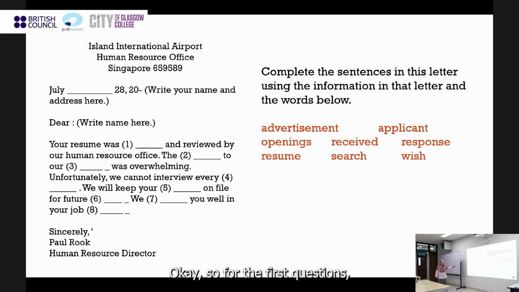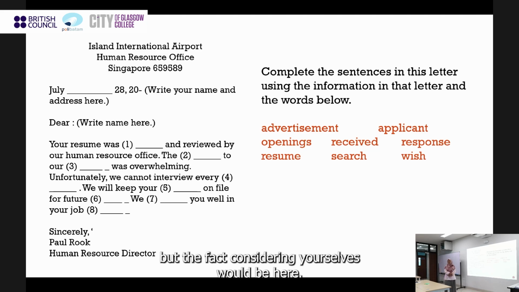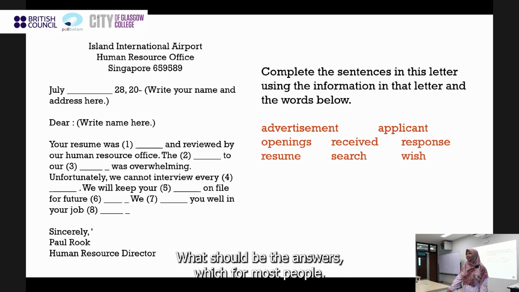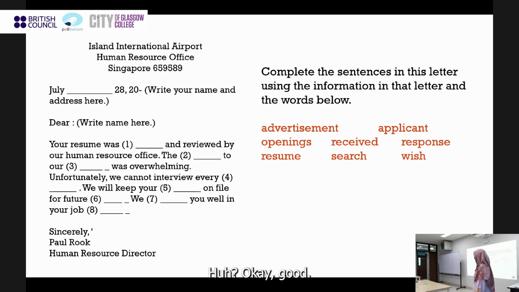So for the first question, what should the answer be? Now you focus on number one. What should be the answer? Okay, good.